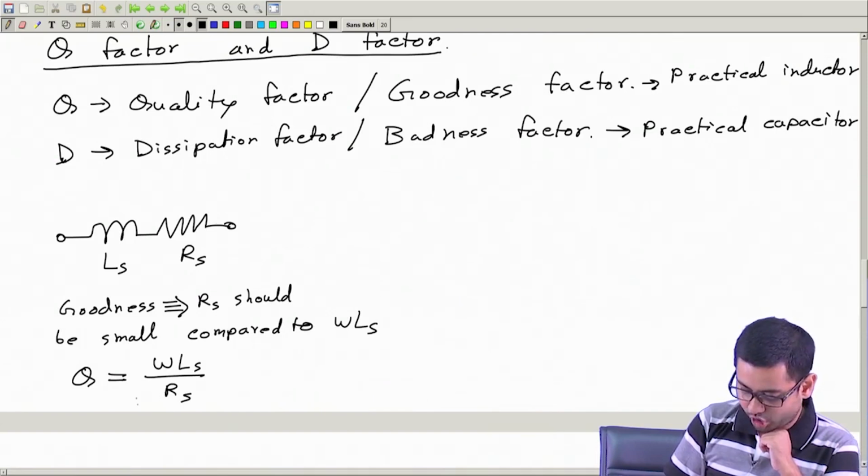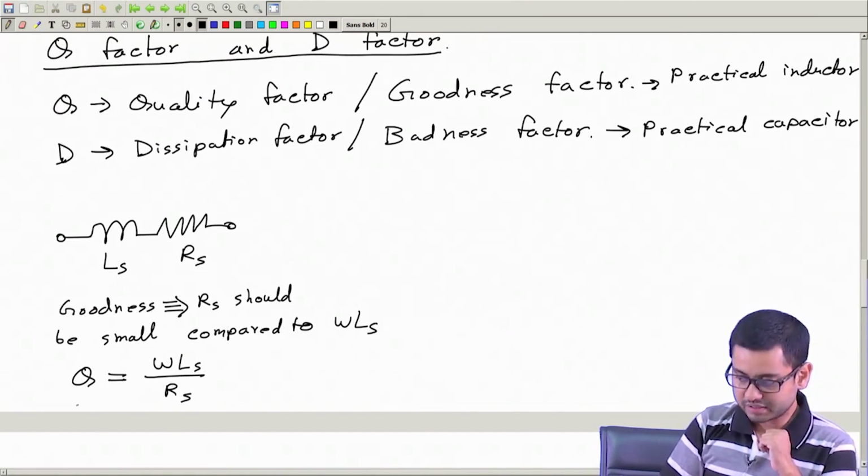If Rs is small, then this term will be large. So, quality will be better, and alternatively if Ls is large, then also the quality will be better. So, this is how you can remember this.